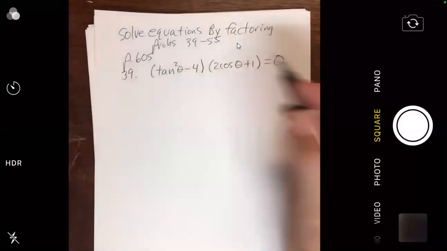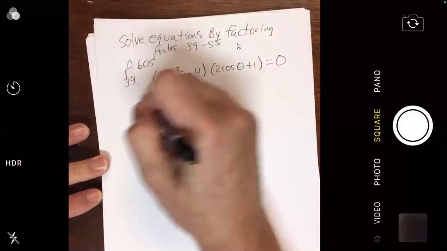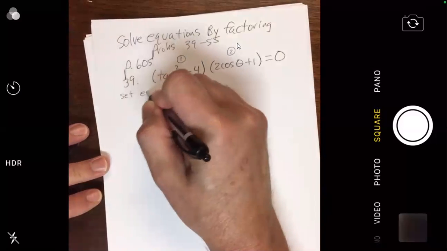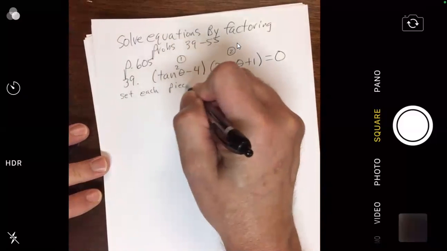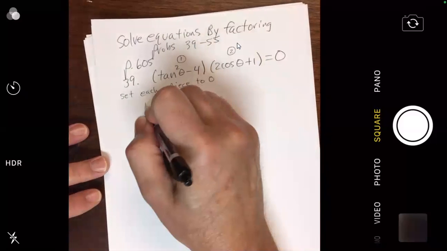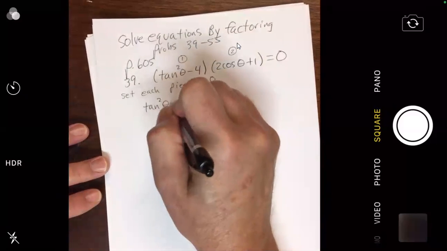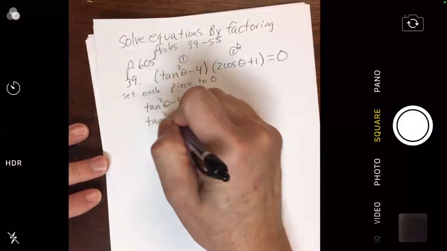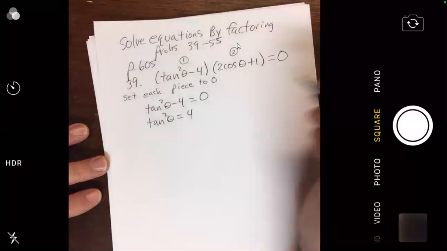All right, well, they've already factored this for you. So you set factor 1, factor 2, each piece to 0. All right, so tan squared theta minus 4 equals 0. Tan squared theta equals 4.